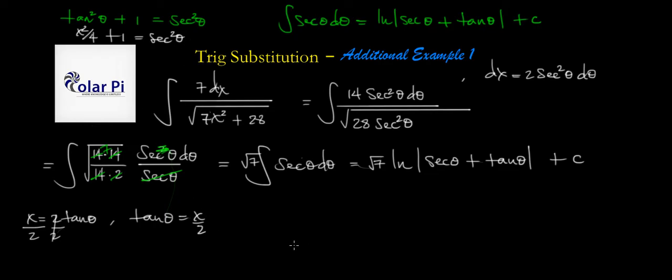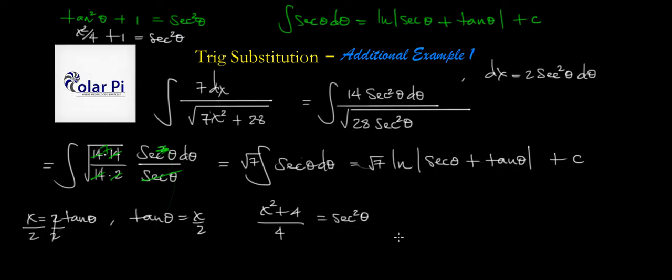And based on that, we see that x squared plus 4 over 4 is going to equal secant squared theta, right?